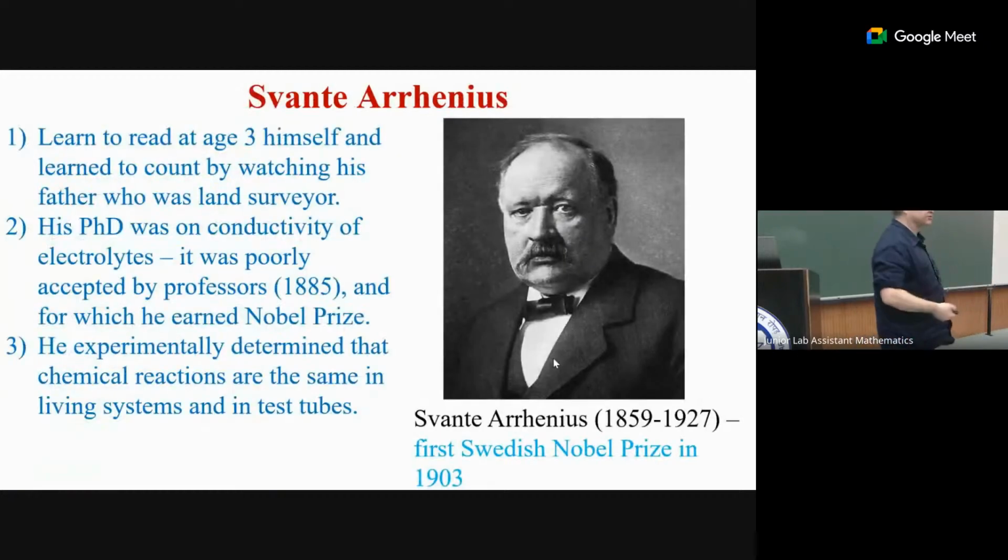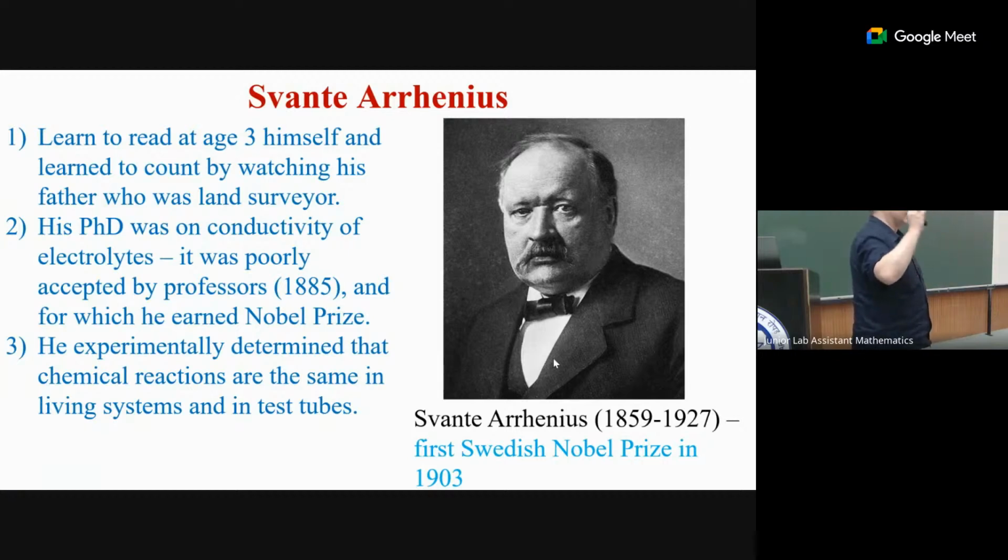Good. Svante Arrhenius actually was a very interesting person. Strictly speaking, he is a founder of modern chemical kinetics. He was the first Swedish Nobel Prize winner. Remember, the name of the prize comes from Alfred Nobel. From which country was he? Right. What did he make money on?